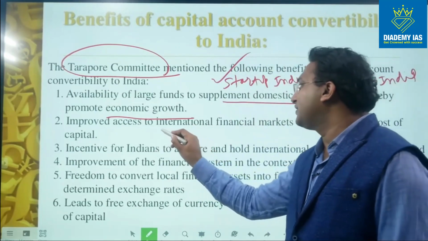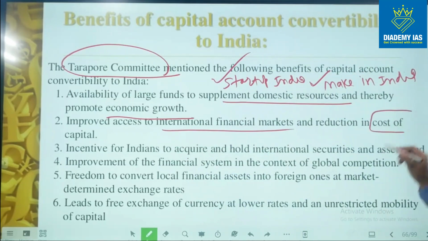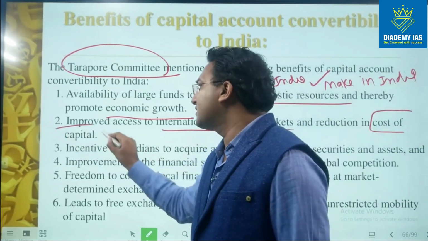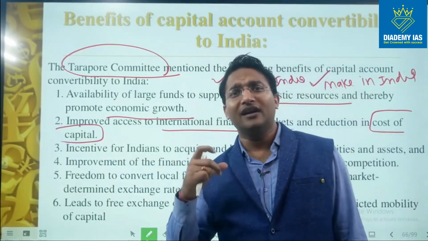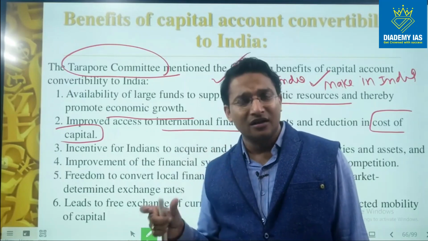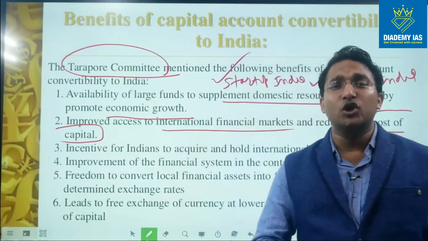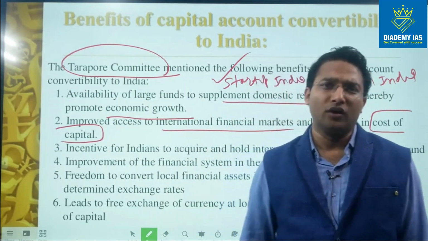Second, improved access to international financial markets and reduction in the cost of capital. This point I already discussed. Cost of capital will be substantially reduced. In developing countries like India, the cost of capital goes up to double digits. But in developed countries like the USA, the cost of capital is very, very low, around 2 to 3% only.